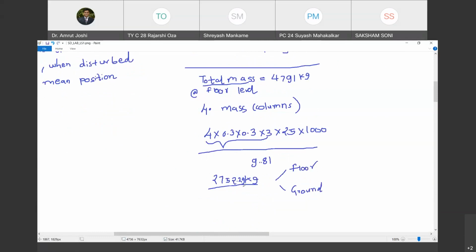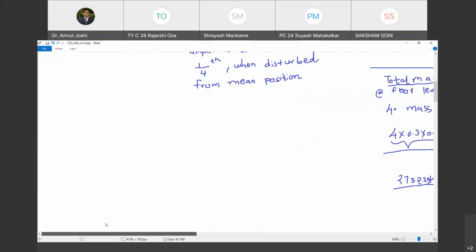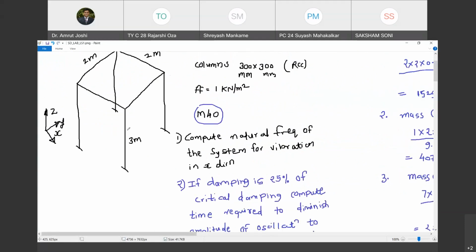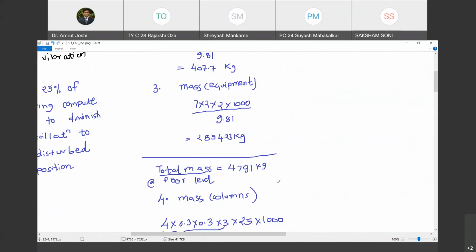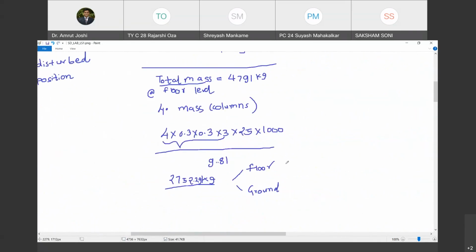How do we distribute? There is no bias as such. The column is of uniform cross section. Therefore, I am going to say half of the length of the columns would contribute to the mass at floor level, and half of the mass of the column will contribute to the ground level. So that's what I am going to do. So half of the mass goes to the floor level and half of the mass goes to the ground level. So what is the contribution?